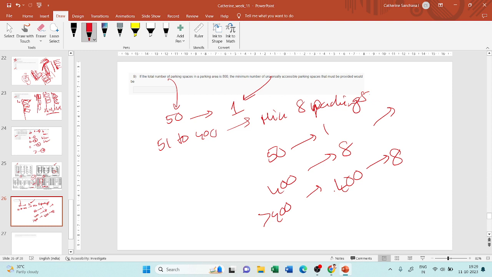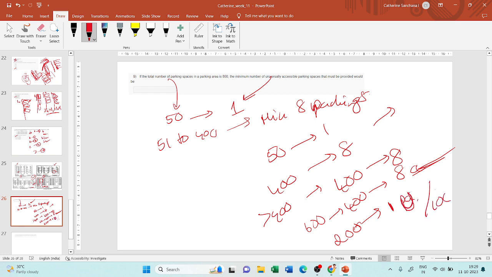And for the remaining, so if 600 is the total, for 400 spaces I will provide 8 universally accessible parking spaces, and for the remaining 200 I will provide one universally accessible parking space per 100 normal parking spaces available.